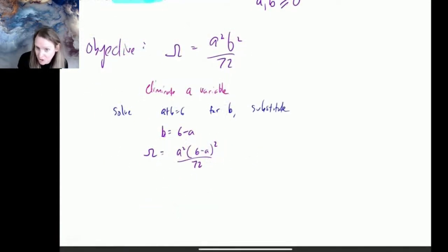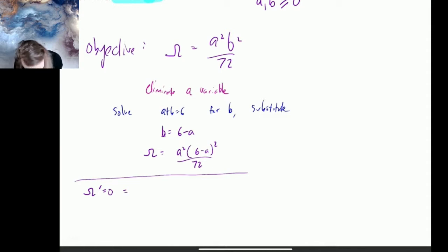Now I have my single variable objective function. Very nice. Now I can do my optimization. This is a 4th degree polynomial, and so all of the critical points will come from derivative 0 conditions. So we want to solve omega prime equals 0. Do I want to distribute out first? I think I'll just use the product rule and the chain rule. I'll keep the 1 over 72 out front so I don't have to deal with that constant during the product rule.